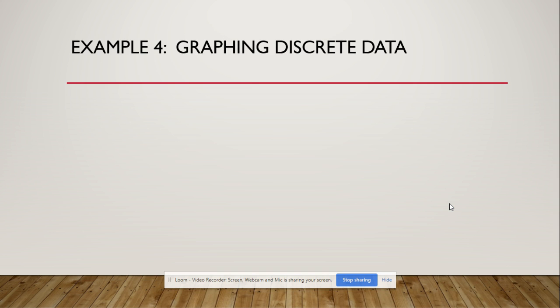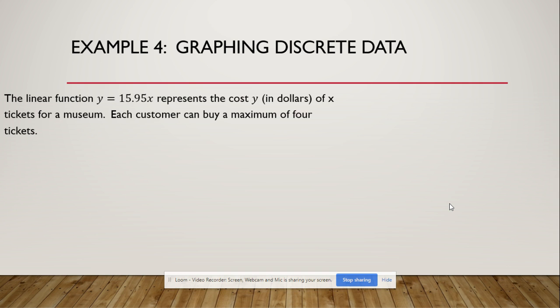All right, so let's look at how we graph discrete data functions. Okay, so we got this linear function, y is equal to 15.95x, which is going to represent the cost, y, in dollars, of x tickets to the museum. So each customer can buy a maximum of 4 tickets.